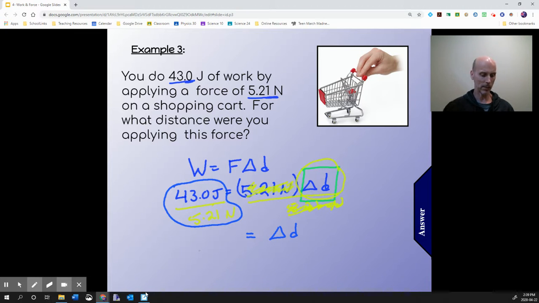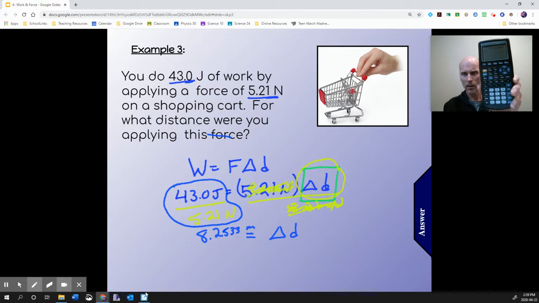I get a whopping 8.2533 and a bunch of other stuff meters. So we're getting in this habit: when you're done and you have an answer that you like on your calculator, that is great, but we need to write it in the correct number of significant digits.